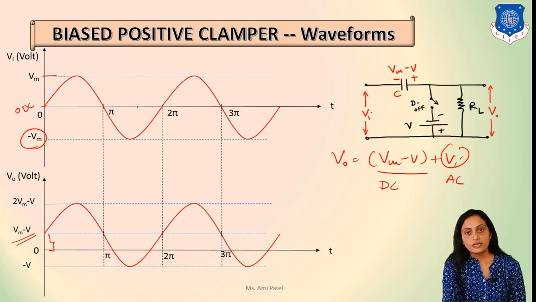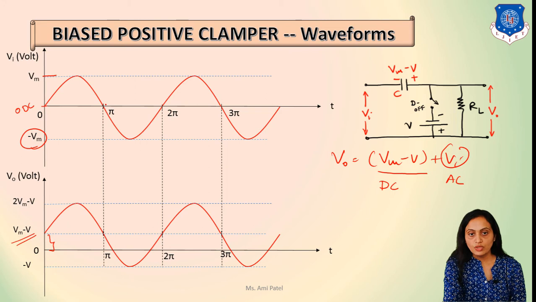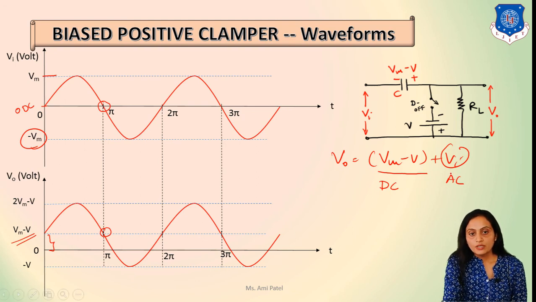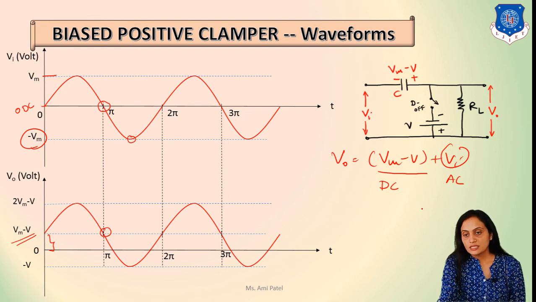And if we want to find out the output voltage at different instants, then also we can do that. If the input is 0, at that time, if we put Vi as 0, then the output voltage at this particular instant will be Vm minus V. If we put Vi as minus Vm, then in this particular equation the output is Vm minus V minus Vm. So this will get cancelled out.